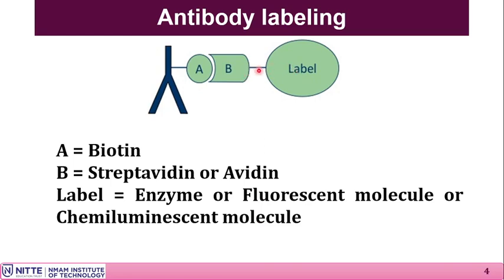Once they are reacted upon and they are added to the sample where the antibody is readily bound to biotin molecule, the streptavidin goes and binds to biotin, and it gives you the linking like this. A stands for biotin, which is readily bound to the FC arm. B stands for streptavidin or avidin, which is linked to the indicator molecule.